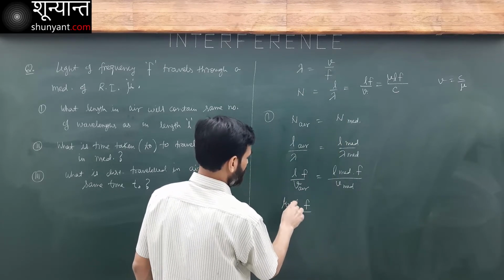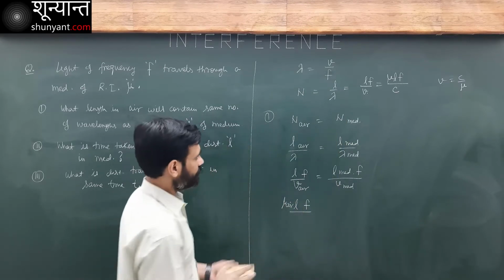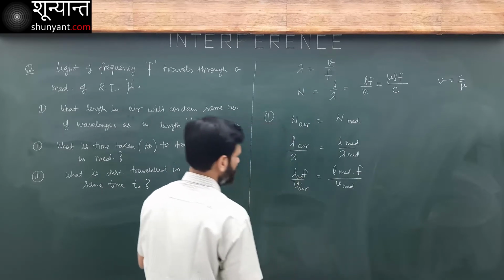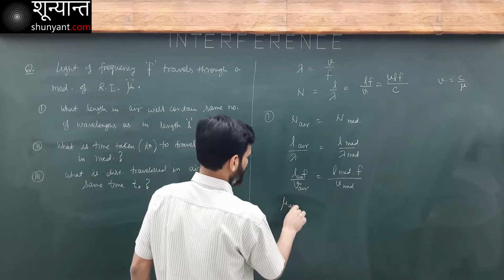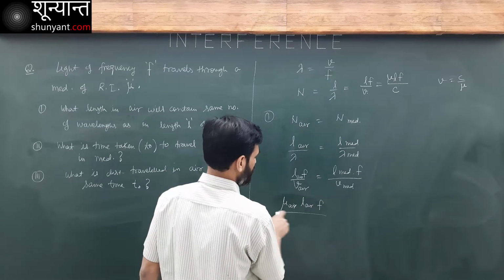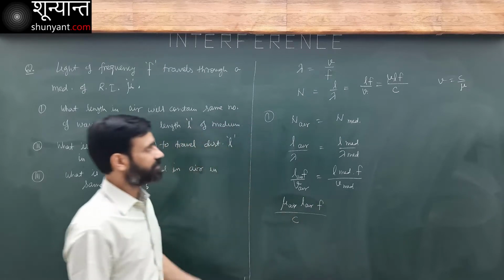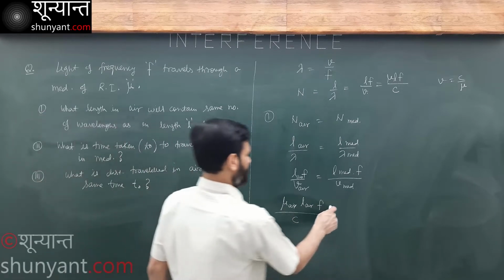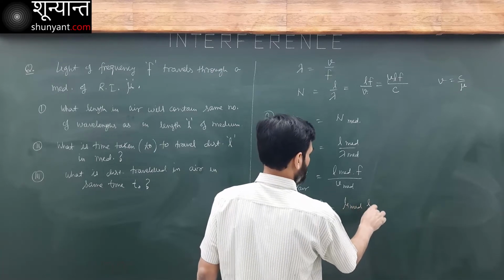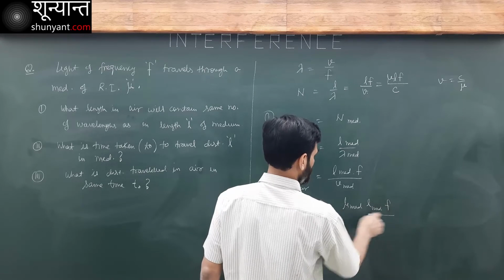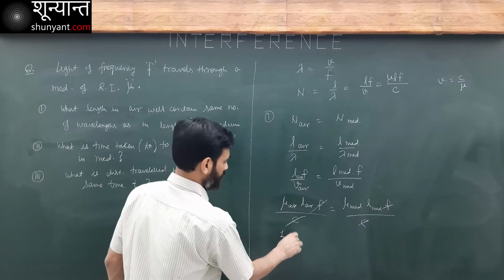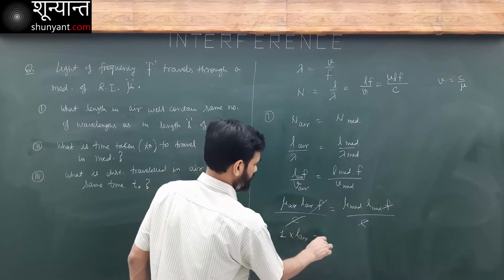So mu of air and L in air times F over C, where C is a constant, is equal to mu of medium and L of medium times F over C. F and C will get cancelled. Now mu of air is 1, and length in air is mu times L.